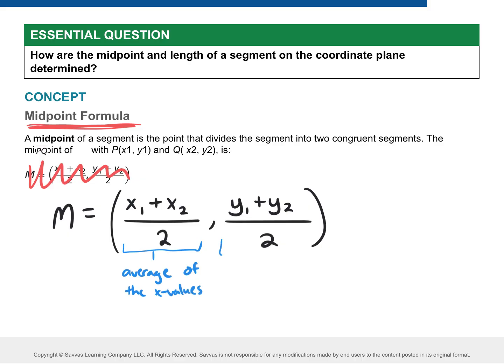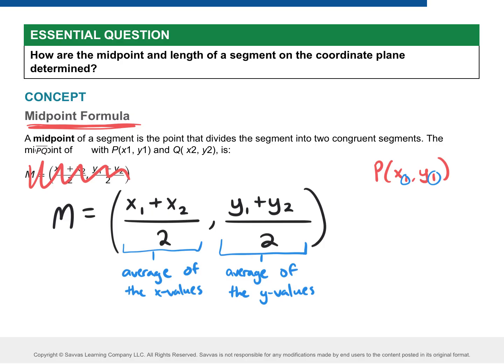What's happening over here? Average of the y values, yep. Exactly. Remember, to find the midpoint, we're talking about 2 different points here. If I have point P, I'm going to label that as my x1, y1. Why do you think I have 1s right here?